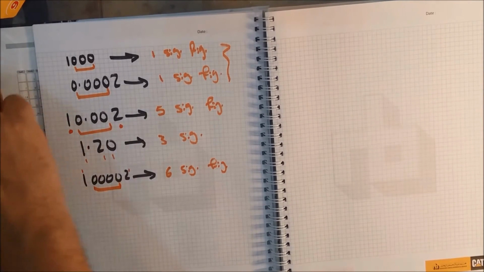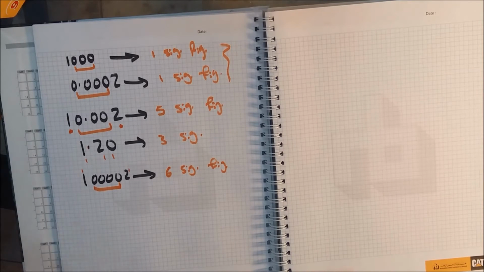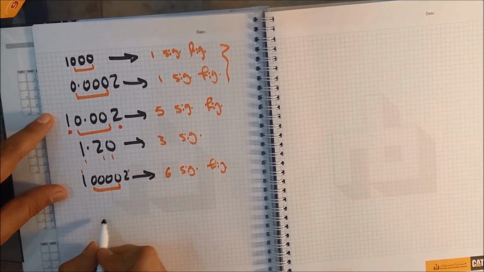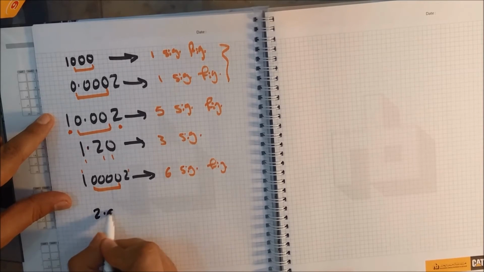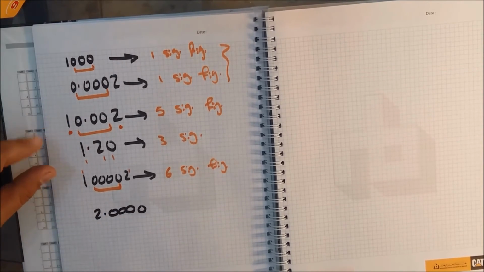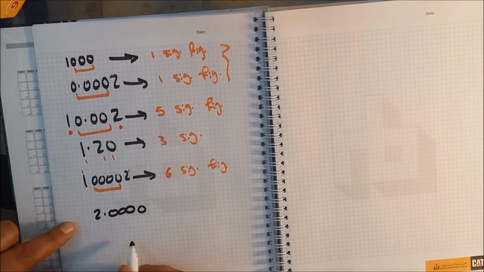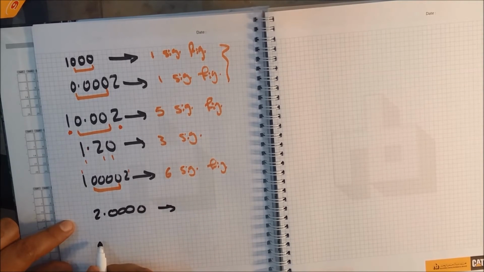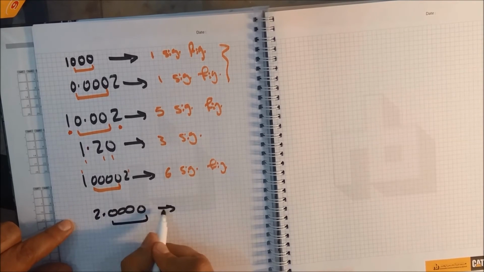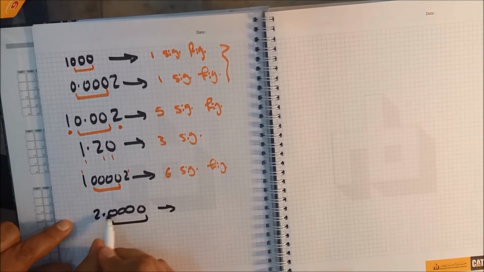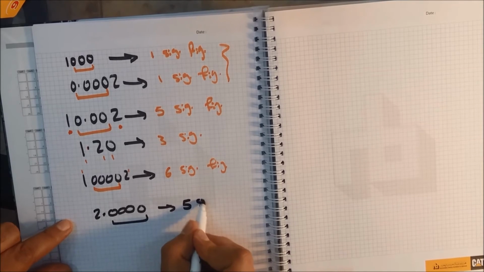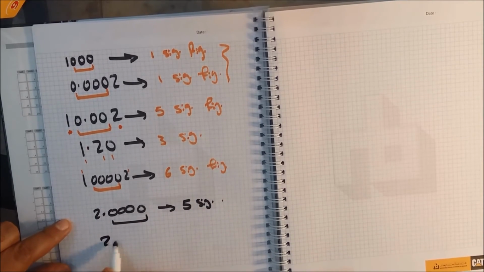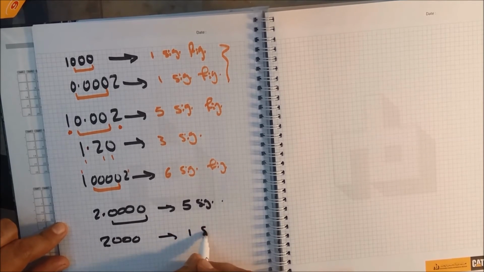Okay, let's have an exercise for you. If I said that 2.0000, what do you think? Exactly. They are to the right, but there is a decimal point. All of them are significant. 1, 2, 3, 4, 5. 5 significant figures. What about this? Exactly, 1 significant figure.